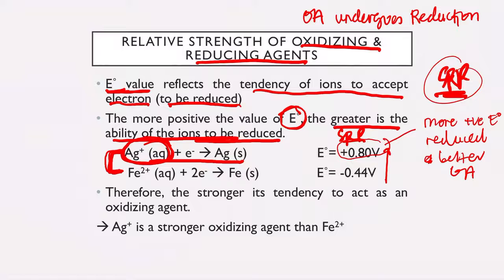Okay, so this means that silver plus ion is a stronger oxidizing agent than iron 2 plus. Okay, so you are not saying silver, but you are saying that its ion is a better oxidizing agent. Okay, because memang diorang yang akan undergo reduction, bukannya diorang yang akan lose electron.